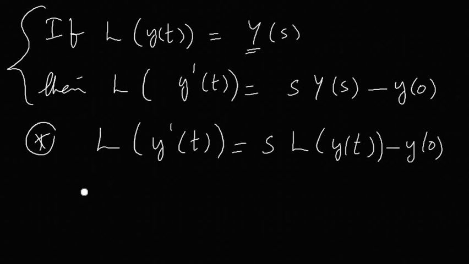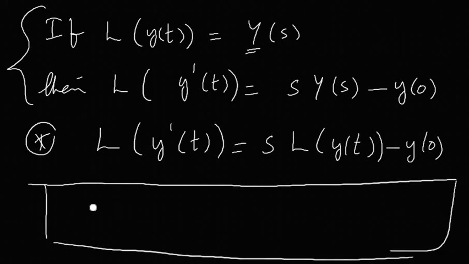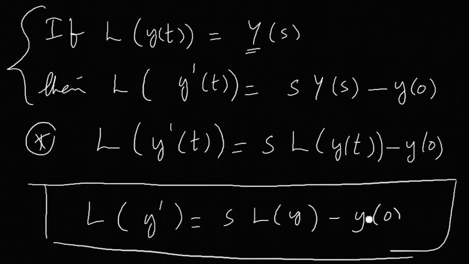So in conclusion, with this much background, what is the conclusion? I'll just write that conclusion. I'm not even discussing the name of the inside variable. So L of y dash is s into L of y minus y of 0.